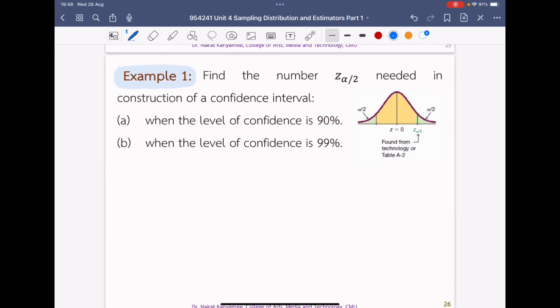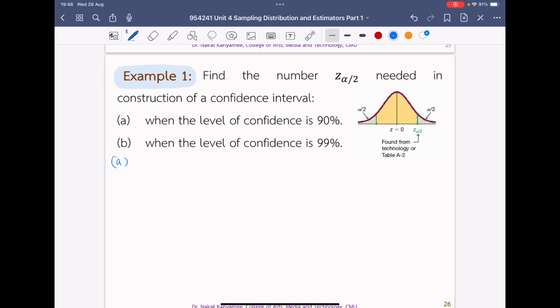So let's see example 1. Find the z-score, or z, needed in construction of a confidence interval. A, when the level of confidence is 90%. We are looking for z alpha over 2.